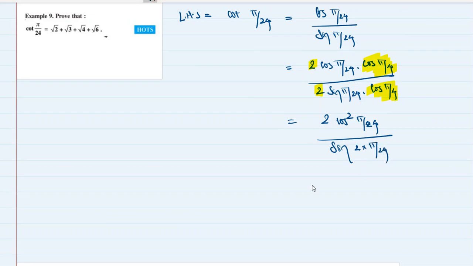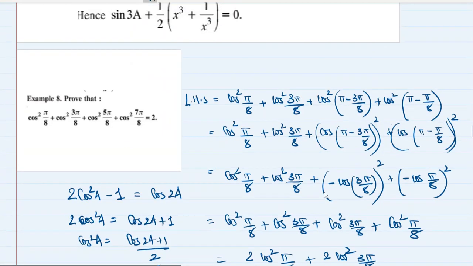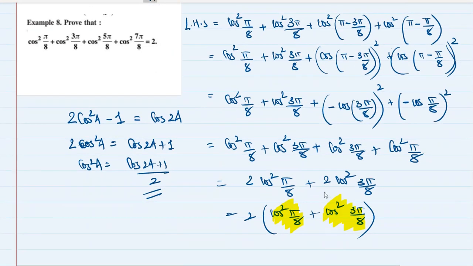And what is 2 cos square theta? That's an interesting thing. What is 2 cos square theta? I just showed you in the previous example. 2 cos square A is cos 2A plus 1. If you note the second step, 2 cos square A is cos 2A plus 1.